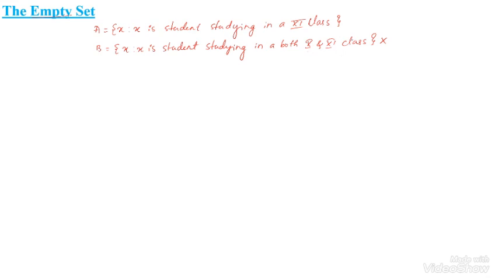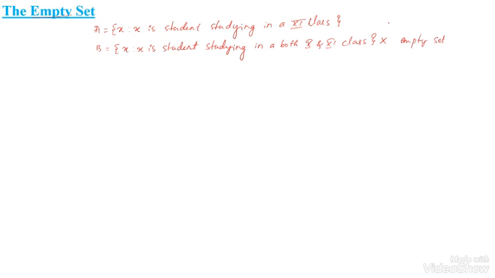So it is called an empty set. It is not possible for a student to study in both the 10th as well as the 11th, hence it is an empty set. These types of sets are called empty sets.